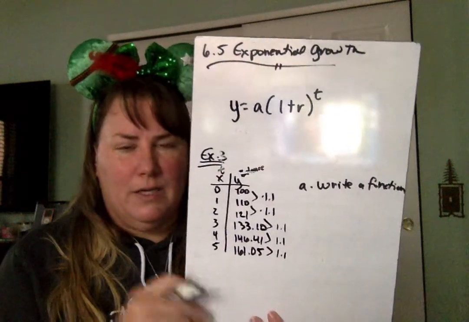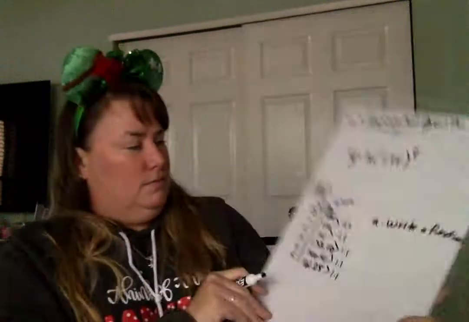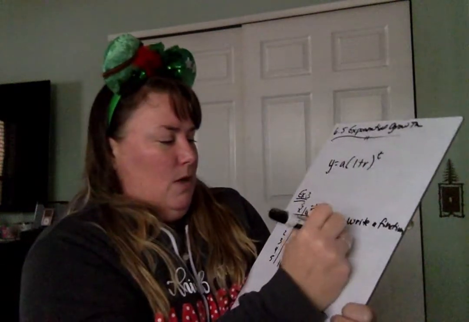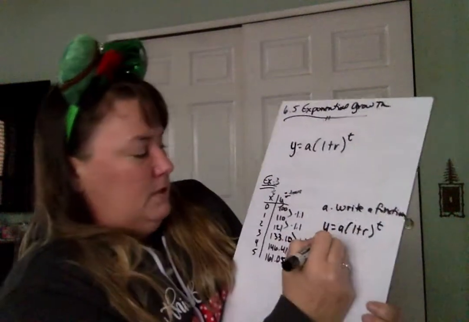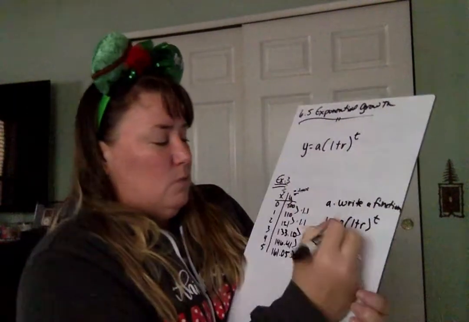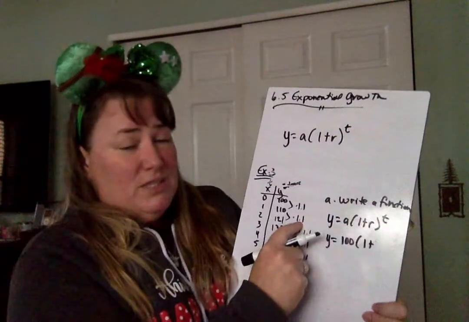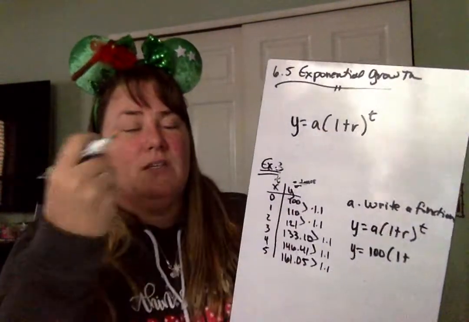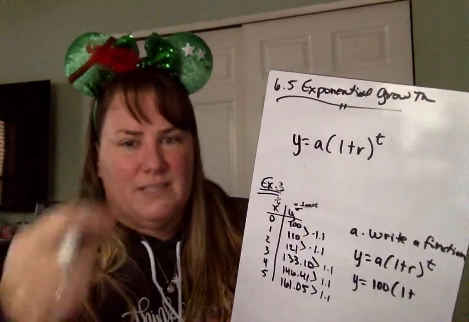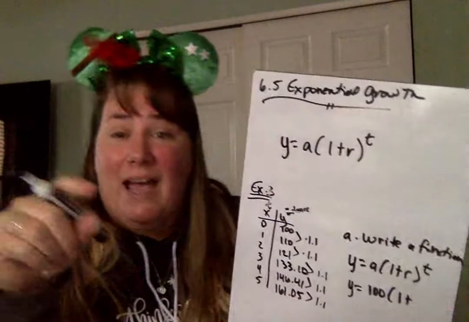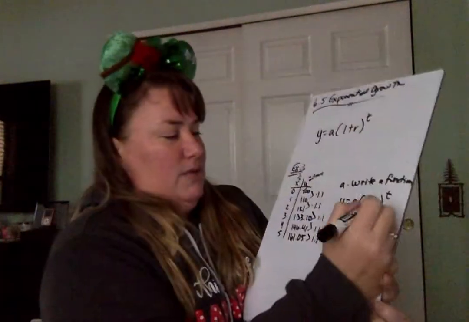You've got to be careful about what you're looking at for your r. It increases 10%. 10% of 100 is 10. 10 added to 100 is 110. That's why your rate is 10%.